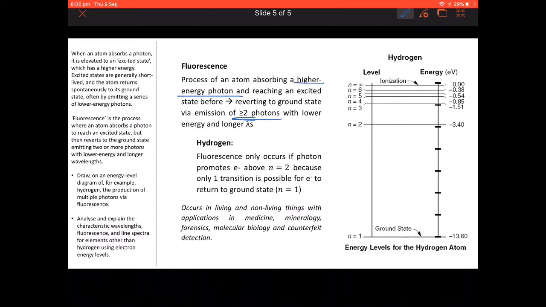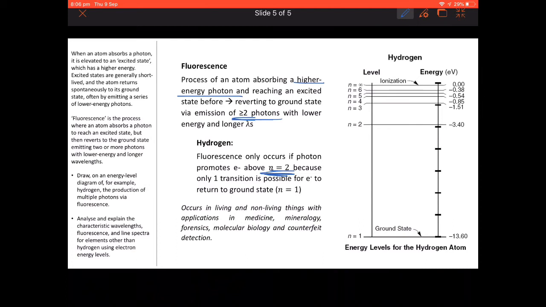With hydrogen, fluorescence only occurs if a photon raises an electron above the n equals 2 level, so the first excited level, and this is because only one transition is possible for an electron to return to its ground state.